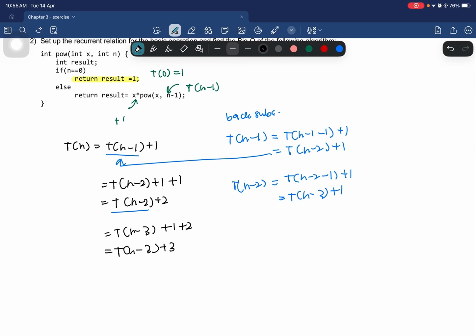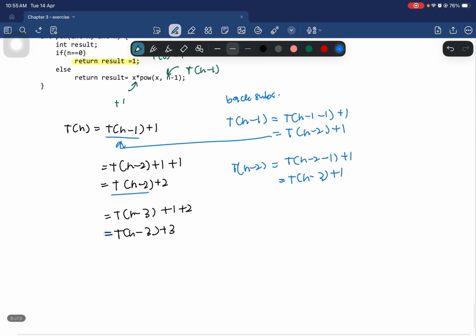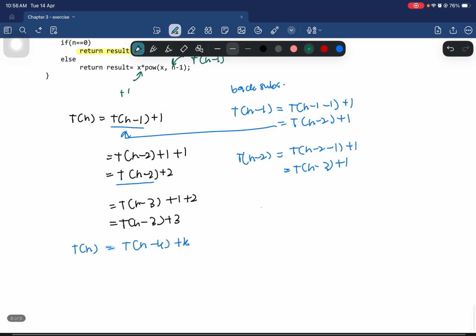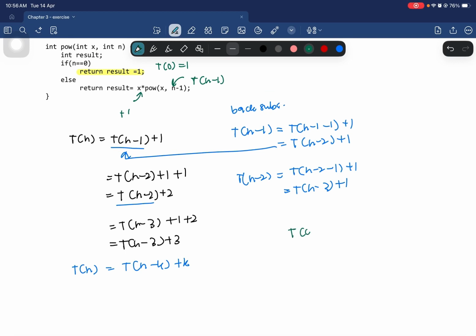So when we simplify it, at the k step we will get T of n equal to T of n minus k plus k. So at the base case, T of 0 equal to 1. We will solve this as n minus k equal to 0.